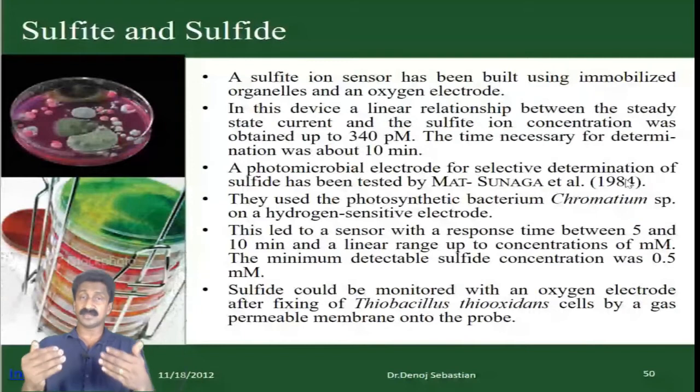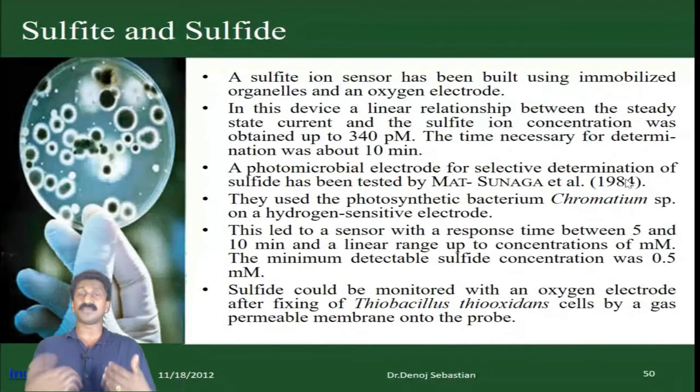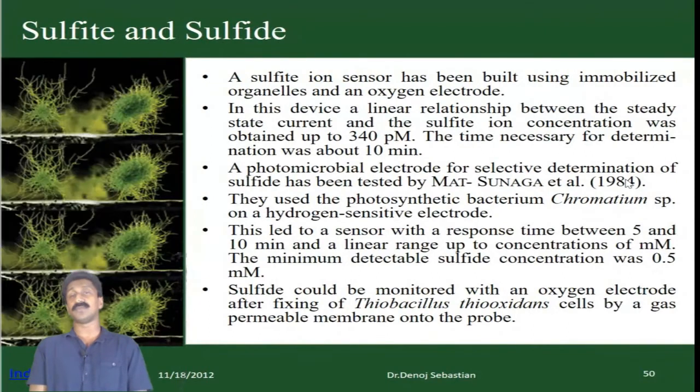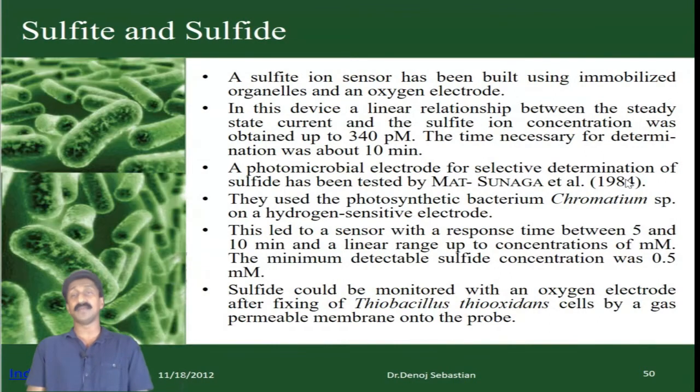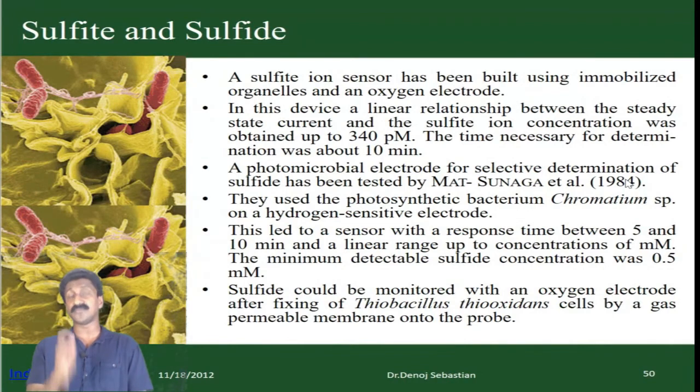And the time required for detection is brought down by this photomicrobial sensor to about 5 minutes, or you can detect within the time of 5 to 10 minutes. And the linear range is in the range of a millimolar. In the previous example, your detection is about 340 picomolar, which is a very low concentration.